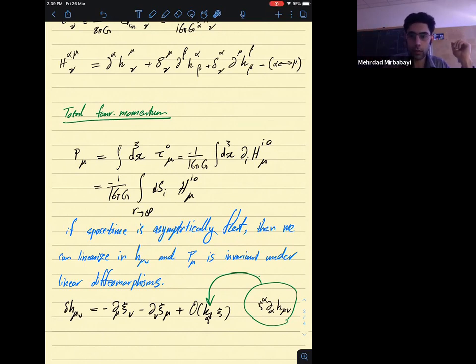That already kills the possibility of this size growing linearly at infinity, so I wouldn't care about this term. And then for these linearized diffeomorphisms, I know that this is invariant. So with the choice of Lorentz frame, I get one unique answer for P mu.